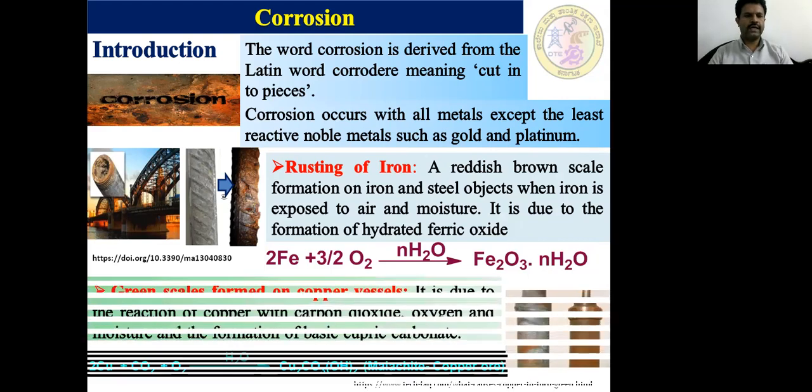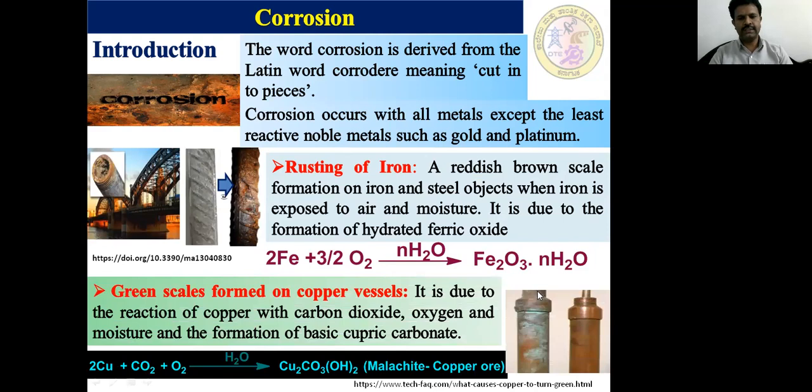Let's go through another example for corrosion. You can see here there is a green scale over the surface of copper. What is that? The green scale formed on the copper vessel is due to the reaction of copper with carbon dioxide, oxygen, and moisture, converted into the compound basic cupric carbonate.